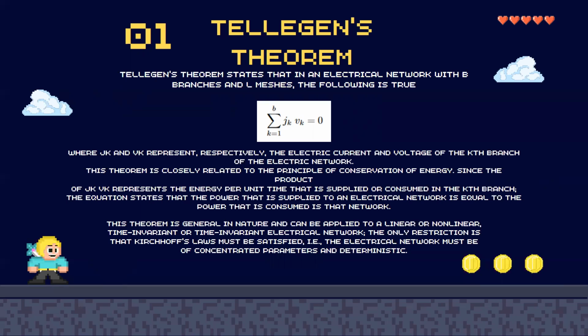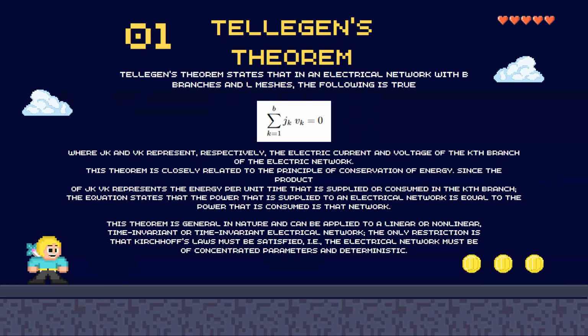This theorem is closely related to the principle of conservation of energy, since the product of Jk and Vk represents the energy per unit time that is supplied or consumed in the k-th branch.